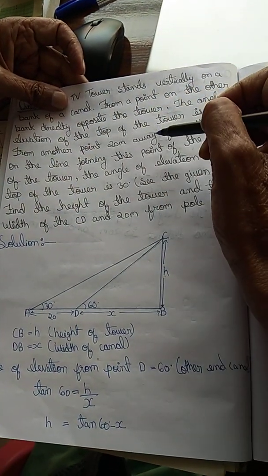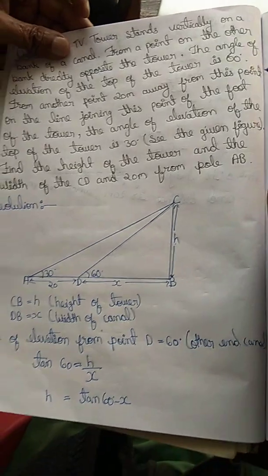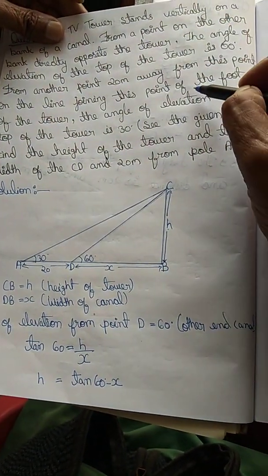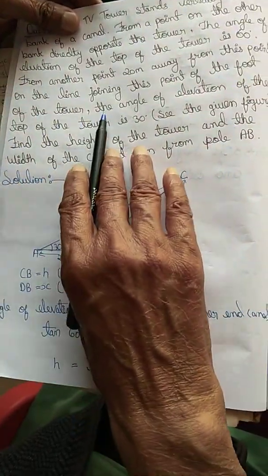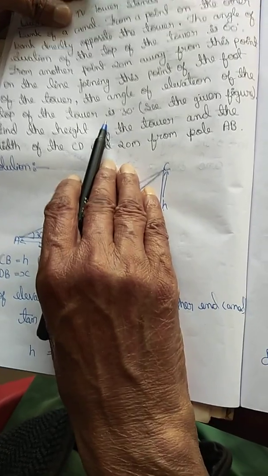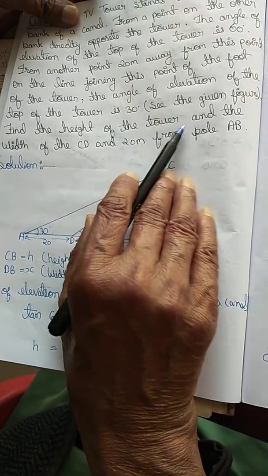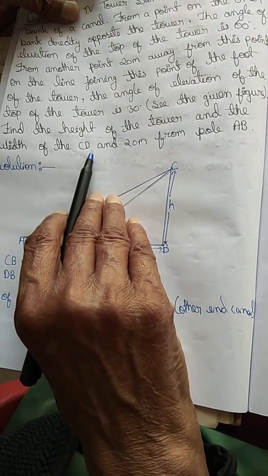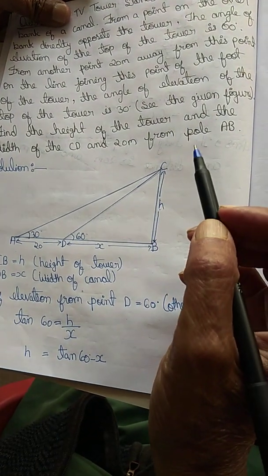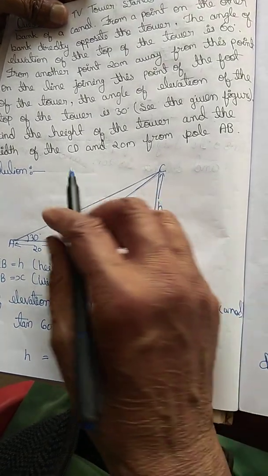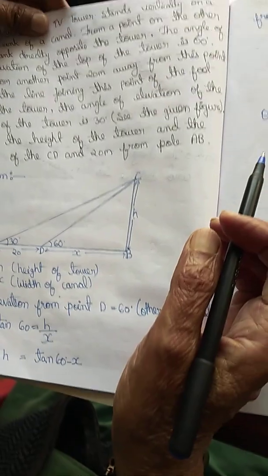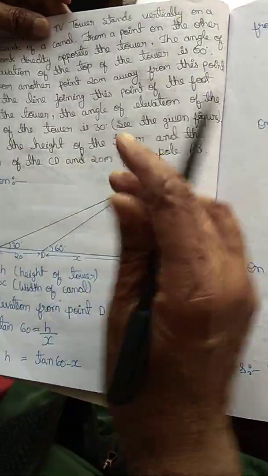From another point 20 meter away from the point on the line joining the foot of the tower, the angle of elevation of the top of the tower is 30 degree. Find the height of the tower and width of the canal.